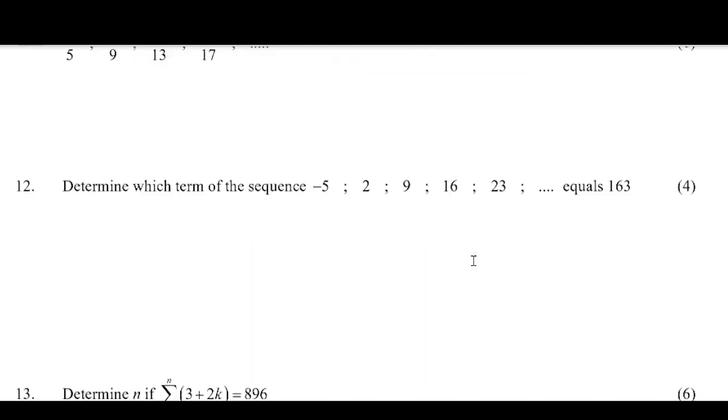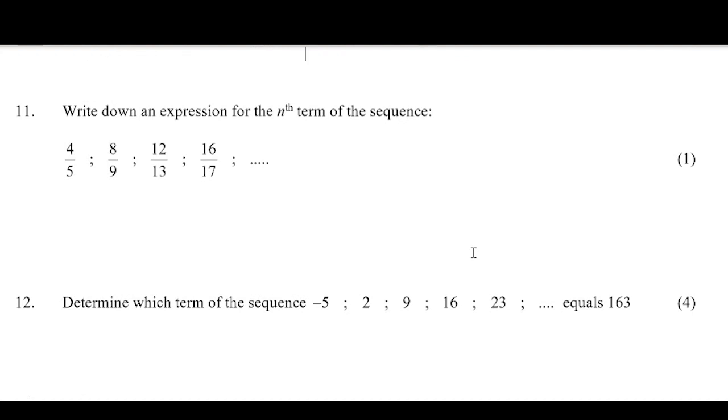Now, the next question, and this is a little bit of a strange one, asks us for the nth term of this sequence. If we look, this is not arithmetic or geometric, right? But in fact, it's only one mark. And the numerators are quite easy to generalize. They go 4, 8, 12, 16. They are just the multiples of 4.